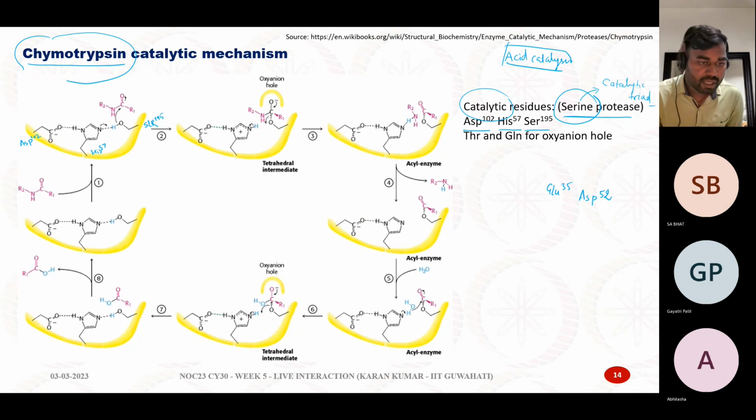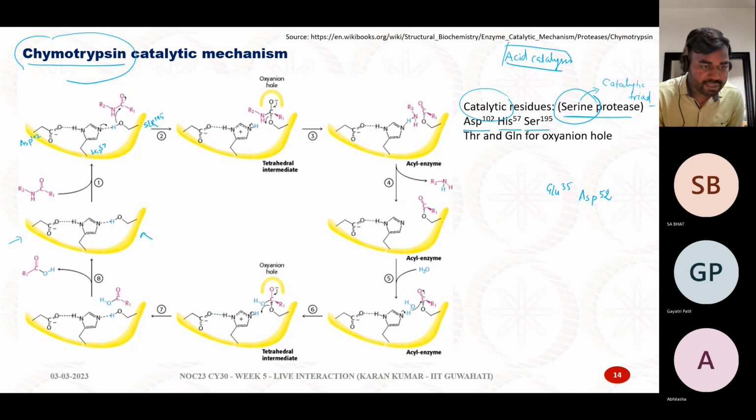Now, here is the base structure from where the whole mechanism happens. This histidine is in close proximity of aspartic acid, and at the optimum pH, aspartic acid will be in the ionized form, right? This ionization will result in abstracting the hydrogen from the histidine residue.